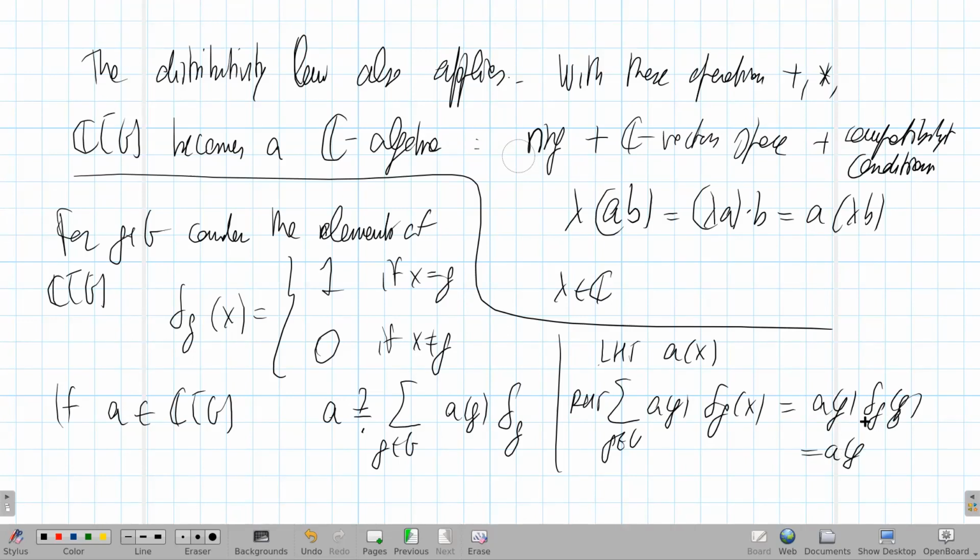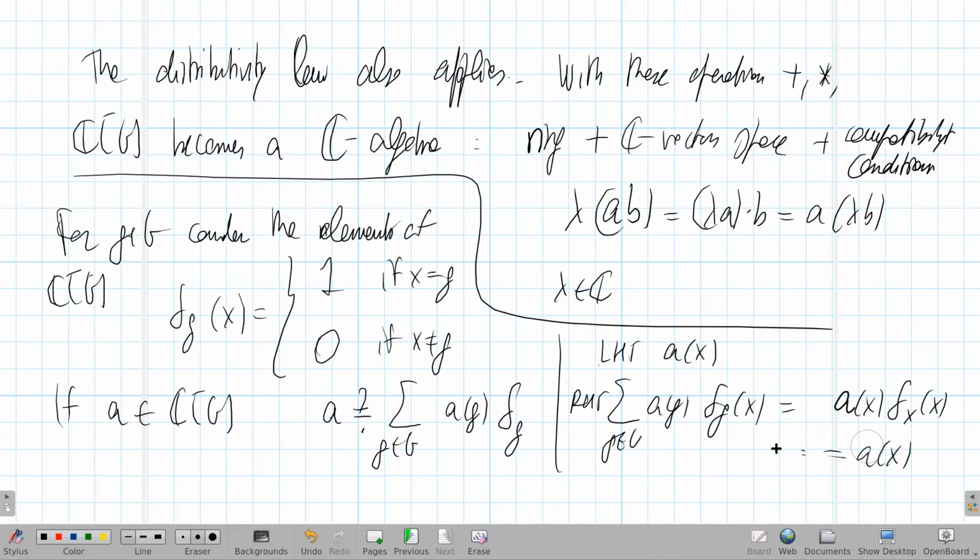Well, sorry, g is a dummy variable. So the only term that survives is A(x) delta x x, and this is exactly A(x). So these two functions, this function here and this function here, have exactly the same value over all x.